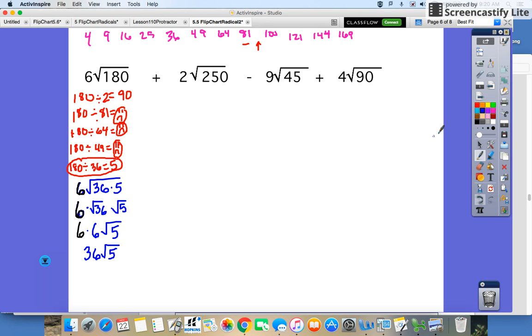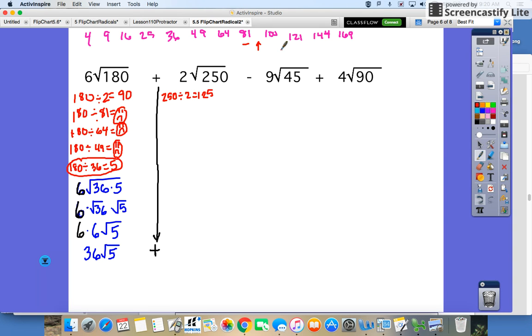Then we have this plus here, so we're going to drop this down. And we'll do the same thing to the 250. 250 cut in half is 125.